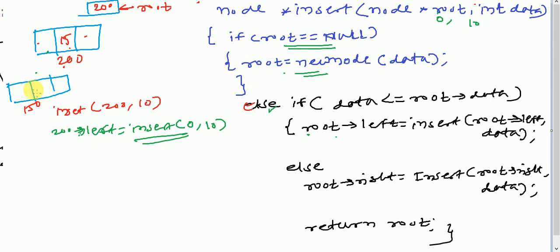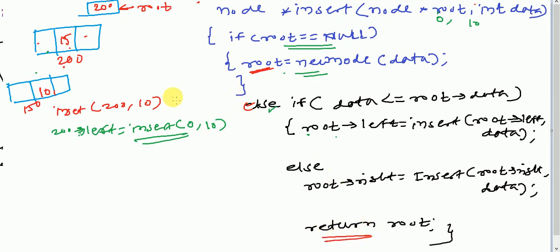Okay, and there we have seen that in new node creation we have inserted data 10 over here. Right, now try to understand, this root is basically local over here. This is not a global variable. This root is local. Now this if is executed and we will come here to return root.